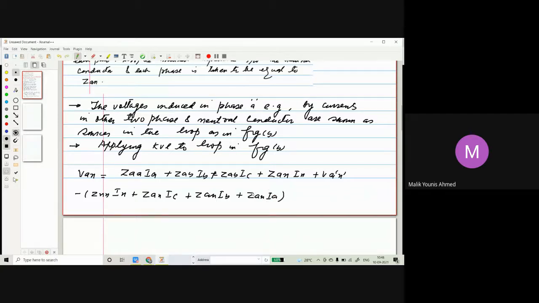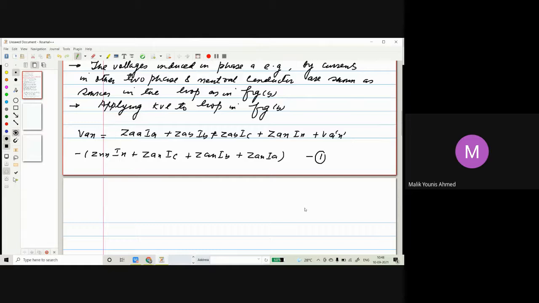So that completes the first, this loop. Others we will just simplify a bit. We can write this VA dash N dash, we can take on this side.